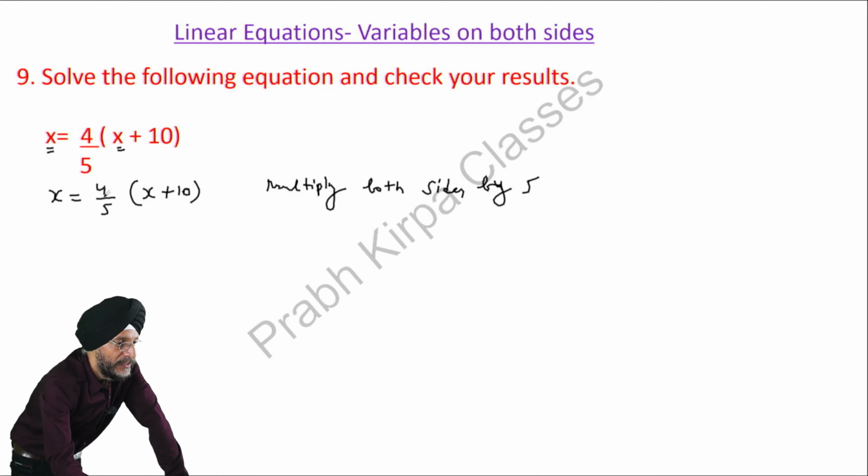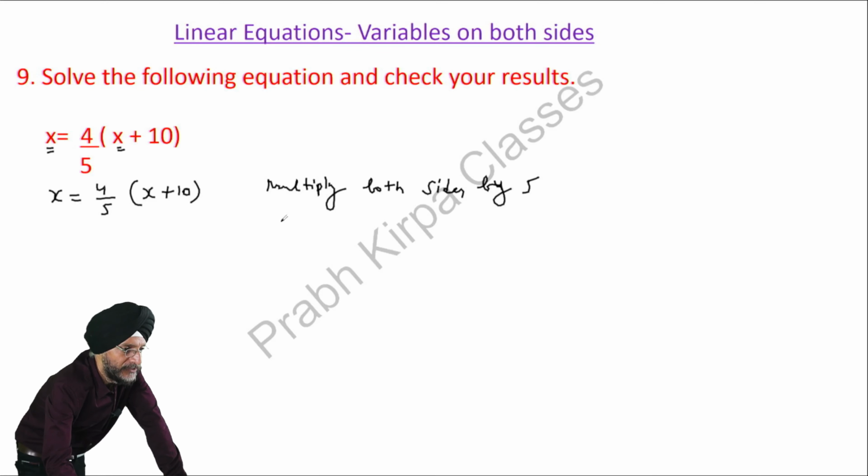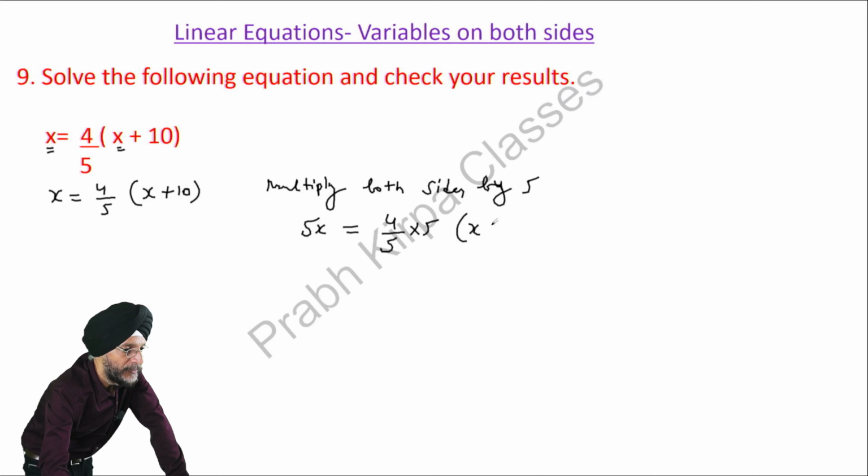Because here it is written as 4/5 on one side. So we multiply both sides by 5, then it becomes 5x is equal to 4/5 into 5 into x plus 10. That is, it will become 5x is equal to 4x plus 10.